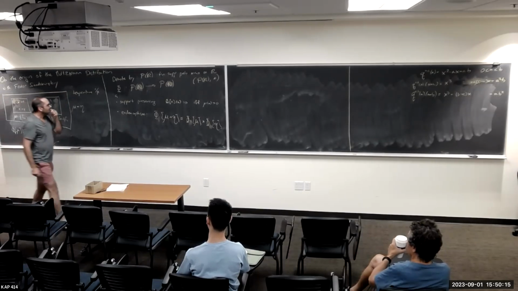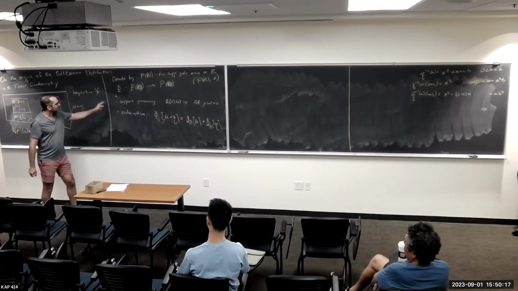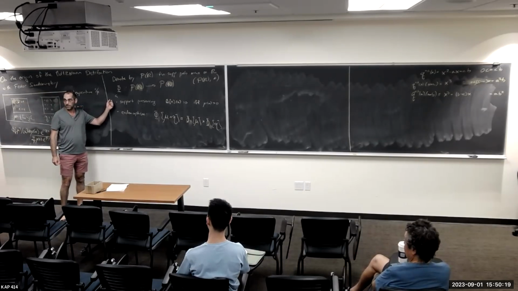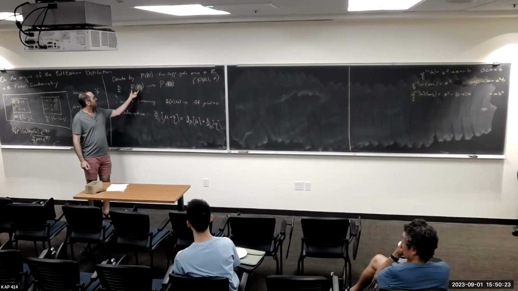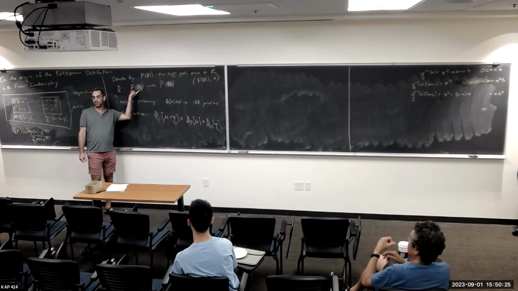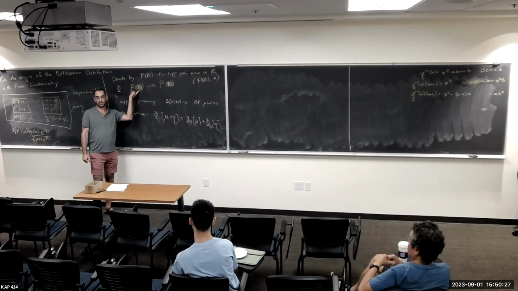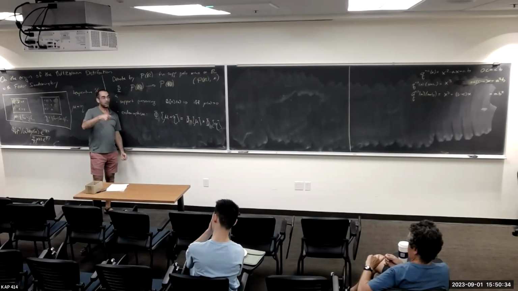Good. Let me translate this question to a different question. Instead, I'm going to represent each one of these distributions by its probability generating function. So I have a distribution on the natural numbers. I'm just going to look at the polynomial.